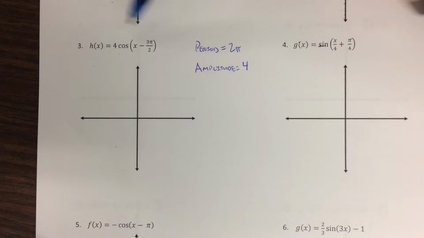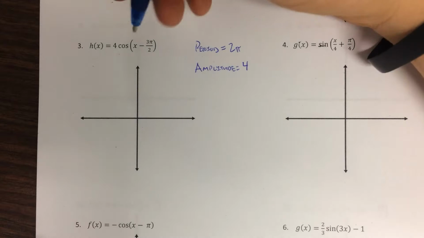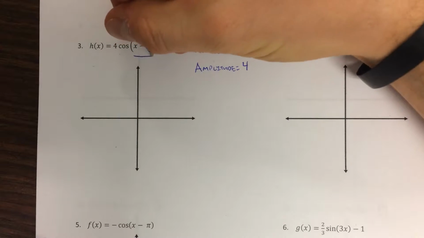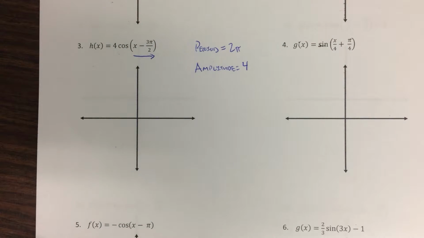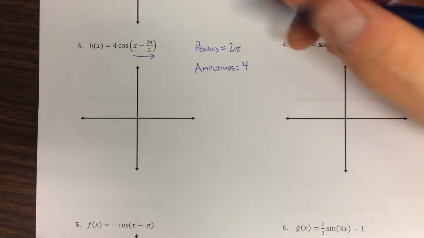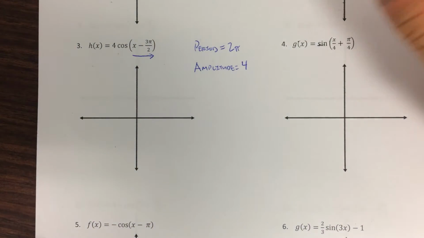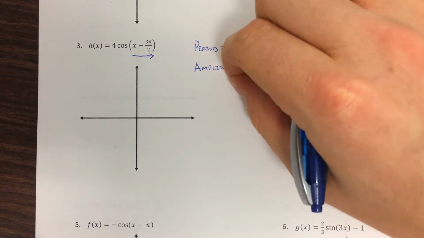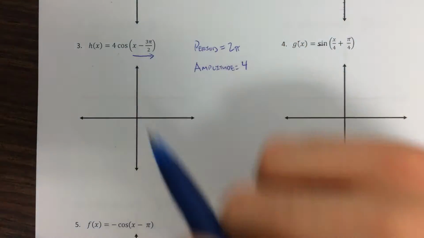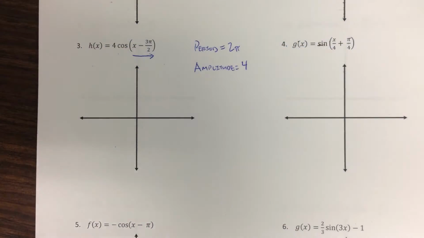So out of all of our values, we've dealt with a 4. The 3 pi over 2, that's telling us that our function is actually shifting to the right 3 pi over 2 units. But let's go ahead and graph this on our coordinate plane and then shift. That's what my suggestion is: figure out period and amplitude, graph that with any reflections, and then shift.